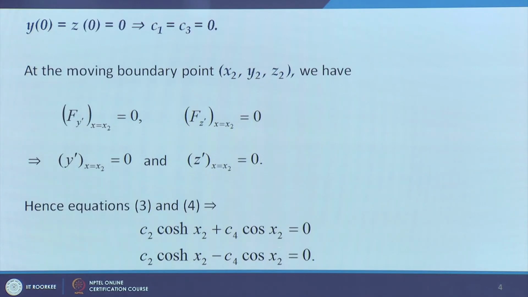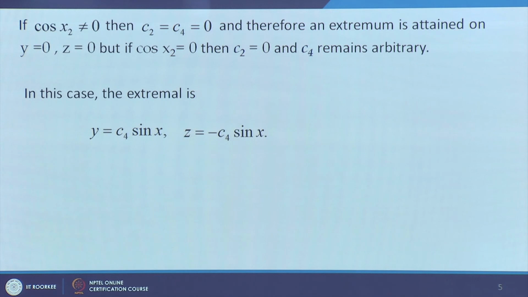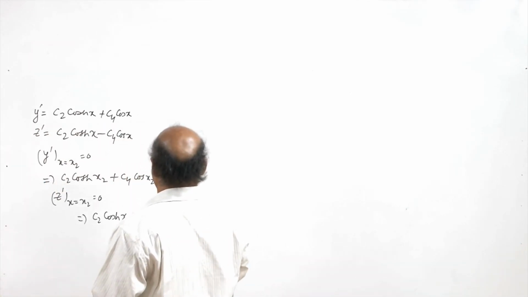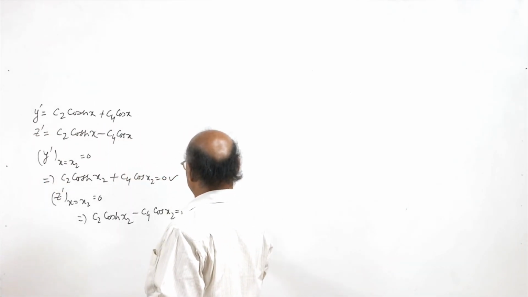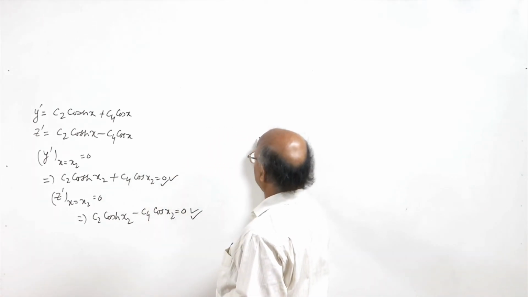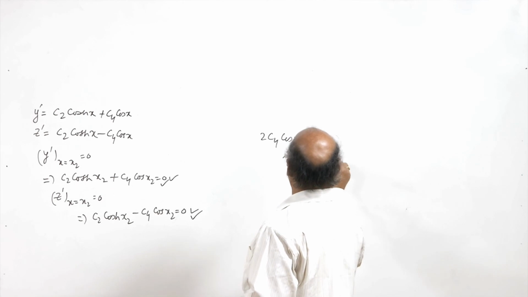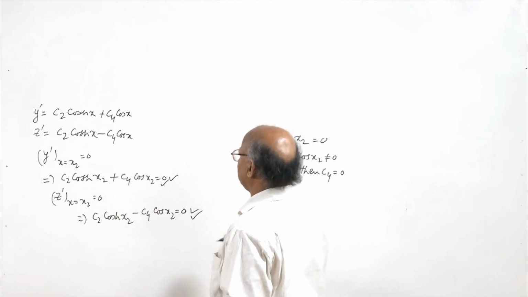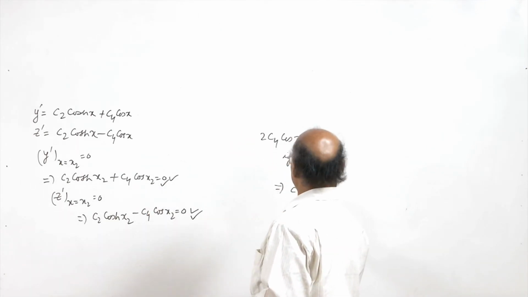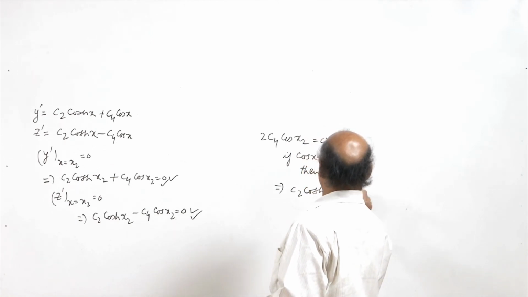Now if cos x2 is not equal to 0, let us subtract this equation from this equation. So what do we get? 2 C4 cos x2 is equal to 0. So if cos x2 is not equal to 0, then C4 is equal to 0, and C4 equal to 0 implies C2 cosh x2 equal to 0.